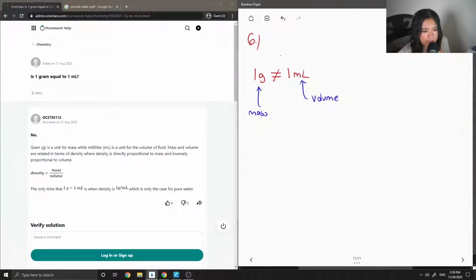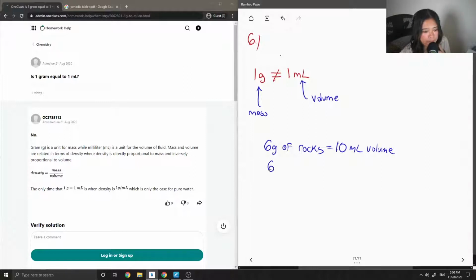So let's say we had 6 grams of rocks is equal to like, if you were to fill up a 10 milliliter cup, so 6 grams of rocks takes up like 10 mils, let's say.